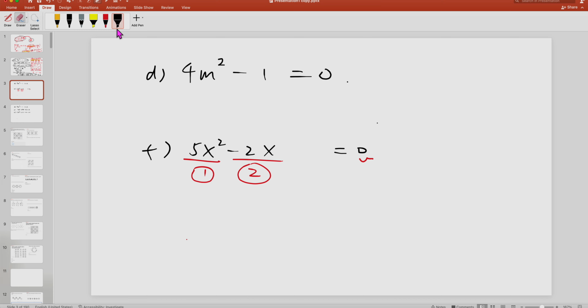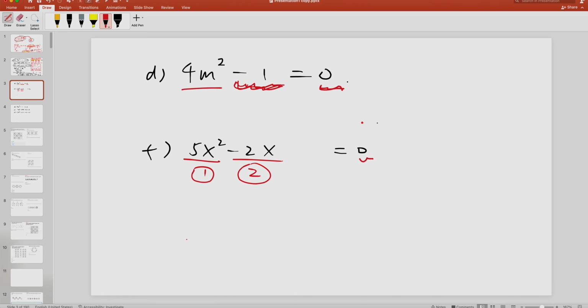But just now the D, you need to move. Why do you need to move the negative 1 in this case? Because this negative 1 is similar to the 0.